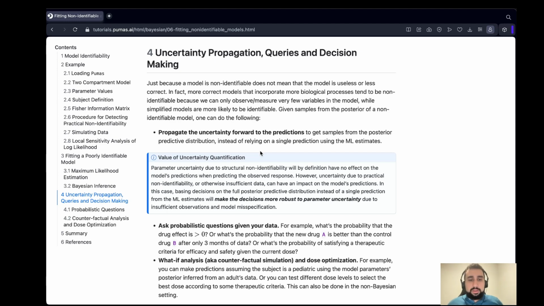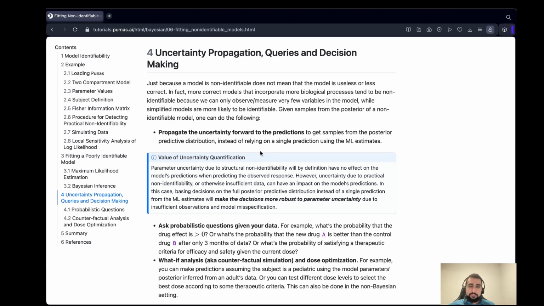Having estimated this uncertainty in your parameters, we could potentially use this uncertainty in various scenarios. Let's say you're trying to optimize a dose for a patient where you only observed maybe the baseline covariates and the baseline values for the observations, or maybe just very few observations.